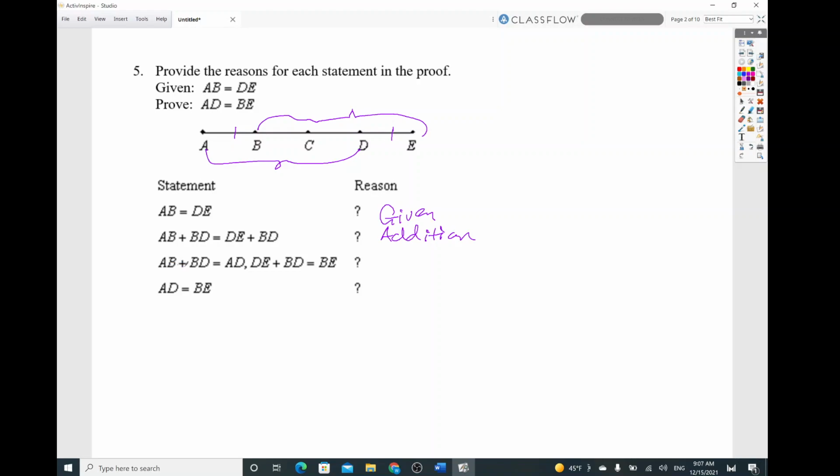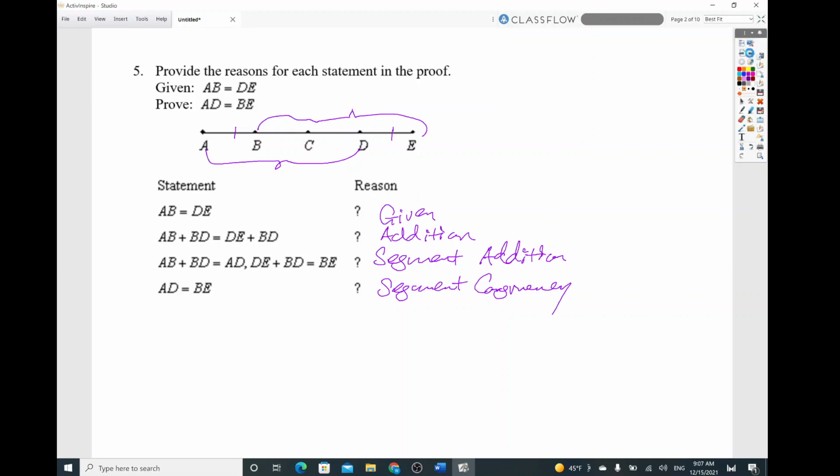And then AB plus BD equals AD, so this one would be the segment addition postulate. And finally, AD equals BE. For the last statement, you want to say this is segment congruency.